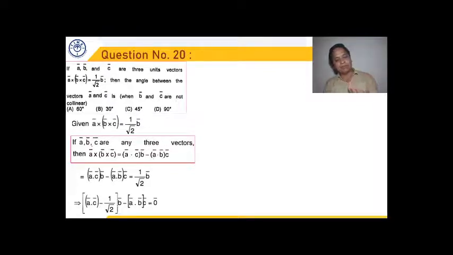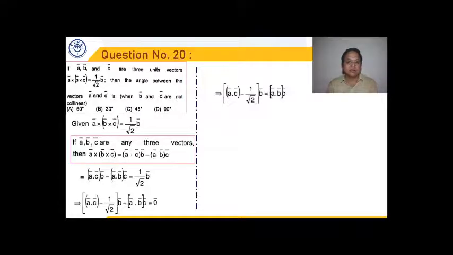So when we take B by root 2 to the left hand side and we take vector B as common, we take scalar quantities as common. So it comes out to be A dot C minus 1 by root 2 B vector minus A dot B into C vector, which is equal to 0. Now, this can be written as A dot C minus 1 by root 2 B is equal to A dot B into C. We take C to the right hand side.